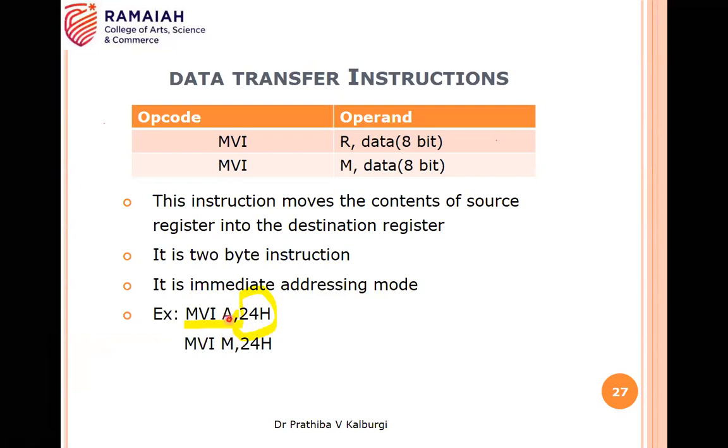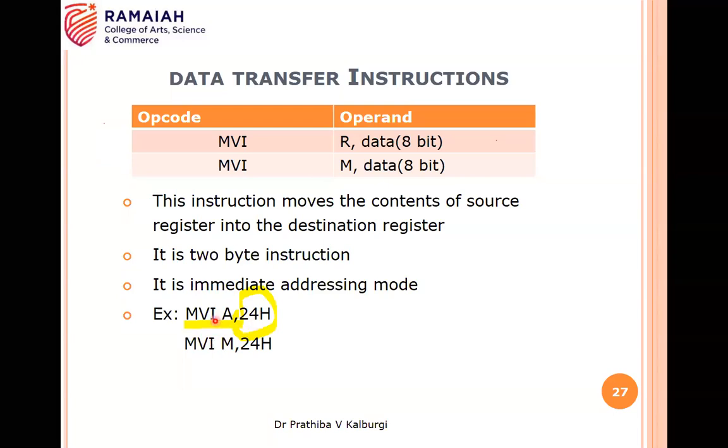Here you can use all your 6 general purpose registers along with your accumulator, and the data can be 8-bit data. So this instruction comes under your immediate addressing mode. Are you able to follow?